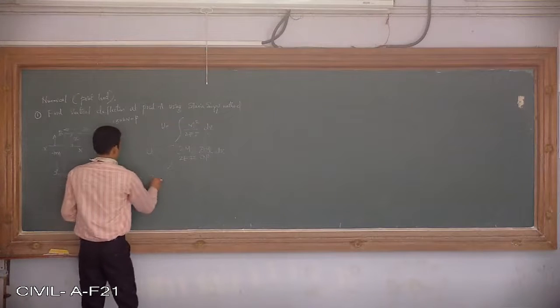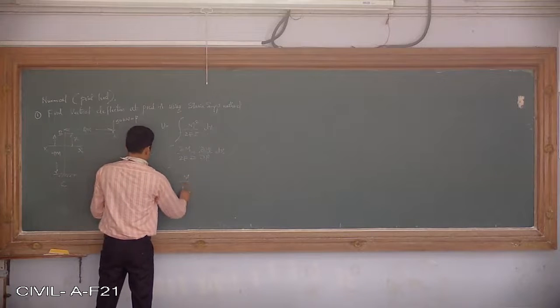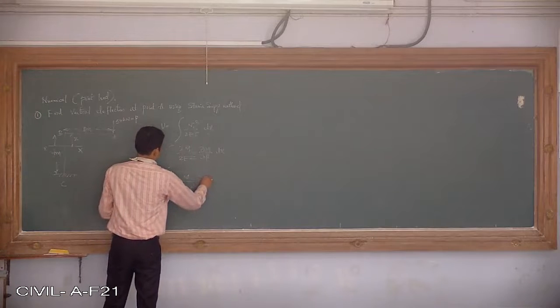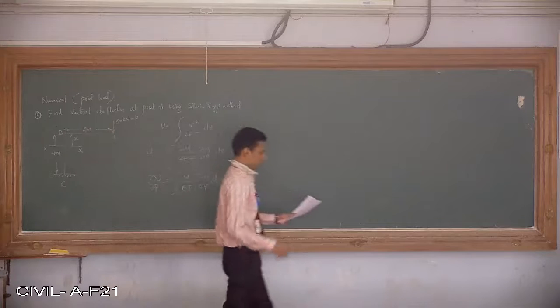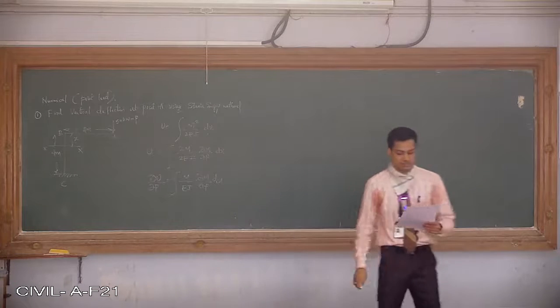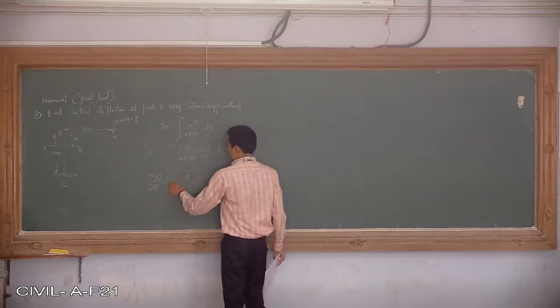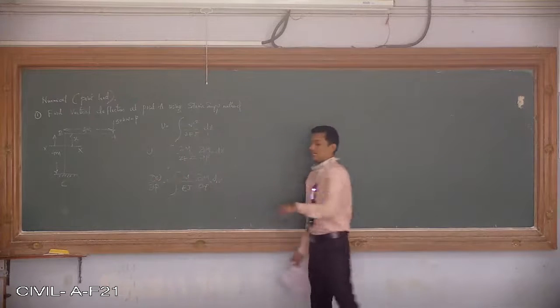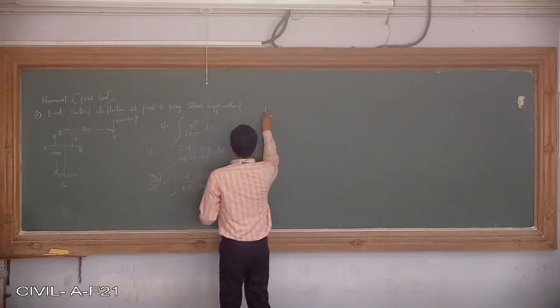Okay. So dou U by dou P is integration of M by EI dou M by dou P dx. Okay. So these are the basic equations we need to write at the initial part before drawing the table, right? Because we should have this equation, integration of M by EI dou M by dou P dx. Clear?